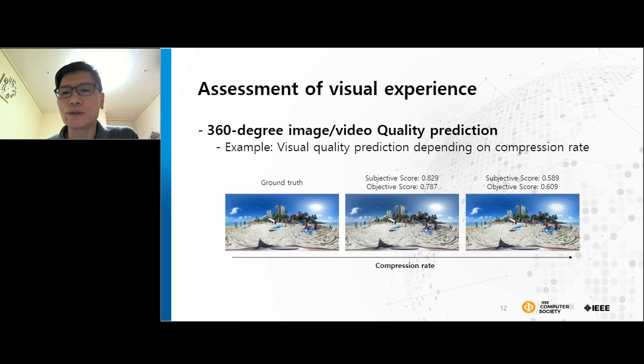This is one example: we built 360-degree VR contents, and for the given VR contents, we change the compression ratio. And then how much visual effect there is to the human eye, we measure such visual distortion when you wear the head-mounted display. So that's one of the things.